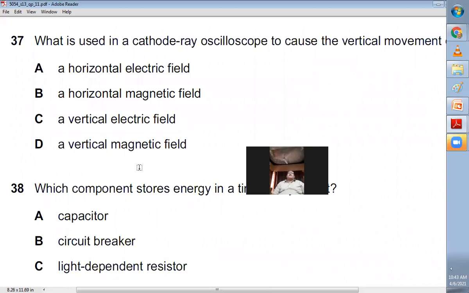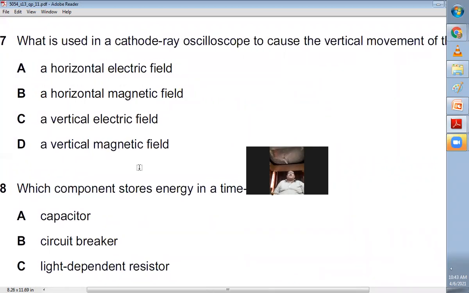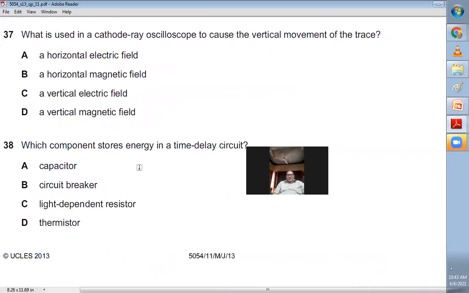Question number 37 is on your screen. What is used in a cathode ray oscilloscope to cause vertical movement of the trace? We have the Y plates, and between those Y plates the electron beam passes.